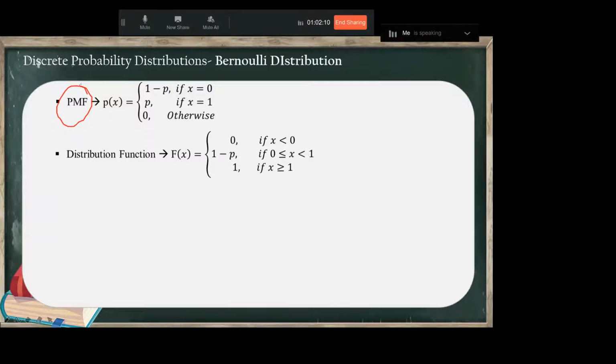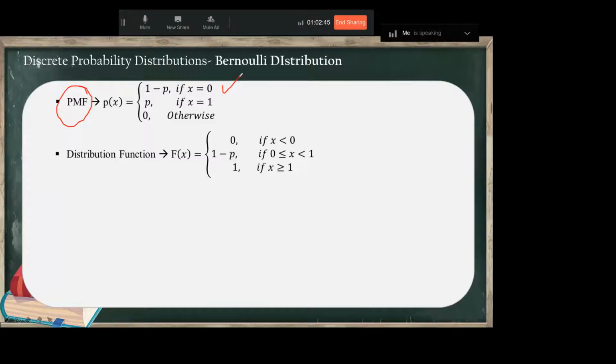So here, if I have a number of heads, it's gonna be 1 minus, it's like no head.